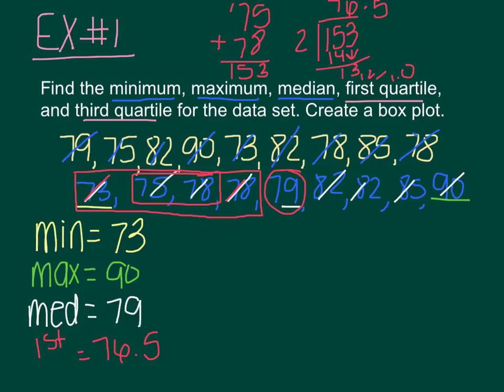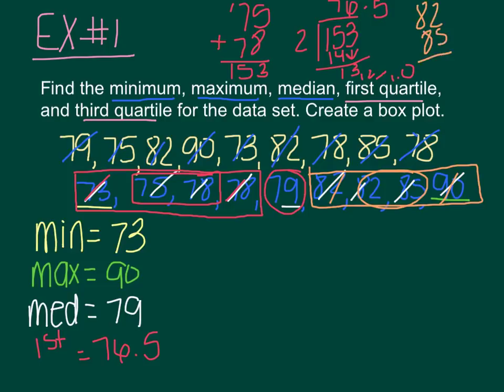So then to find the third quartile, you do the same thing, but you take the numbers after the median and find the middle of those. So cross them off again. We have two numbers in the middle, 82 and 85. Add them up.